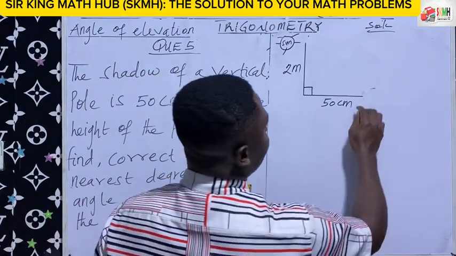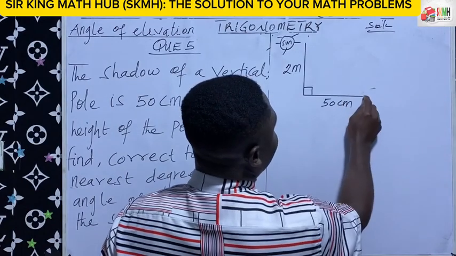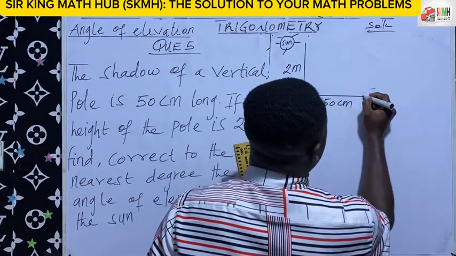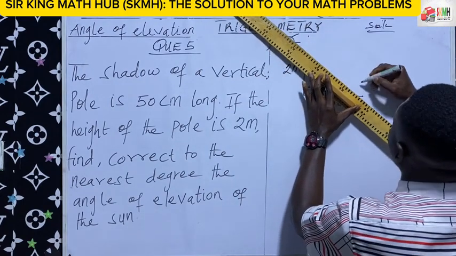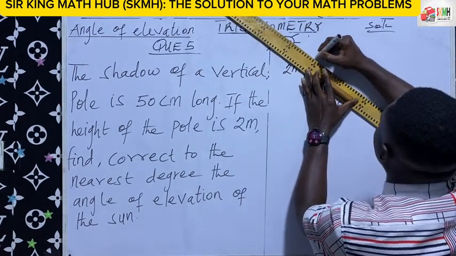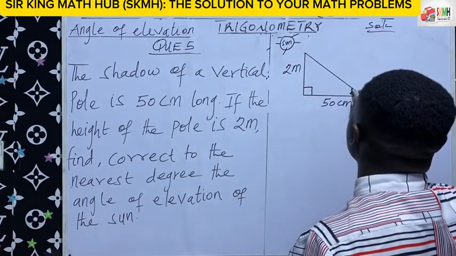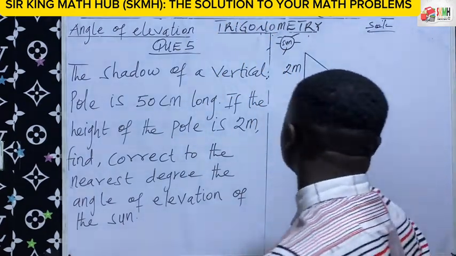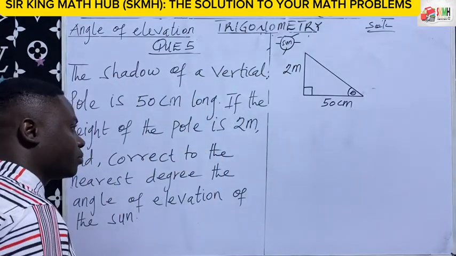Meaning that we have to view the sun from this point. And this should give rise to the angle theta, which is also the angle of elevation of the sun.